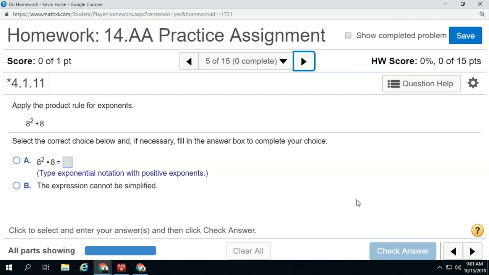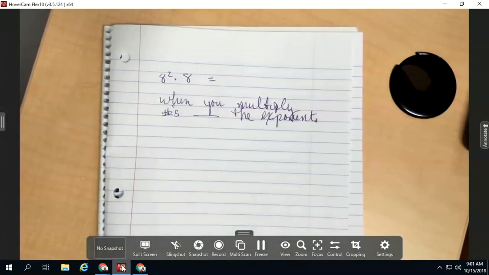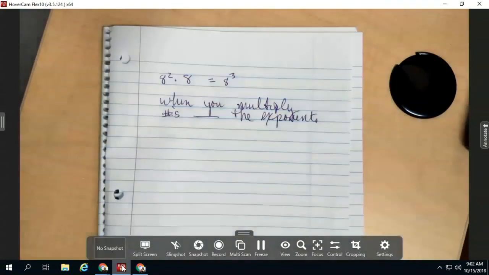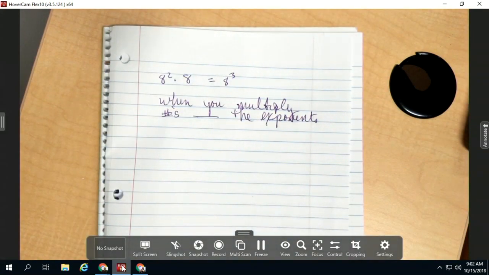8 to the third. Let's take out our notes. This is how it should look. He is correct. It is 8 to the third because when you multiply numbers, you add the exponents.